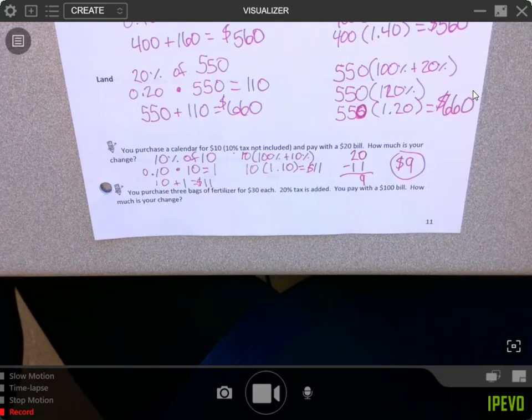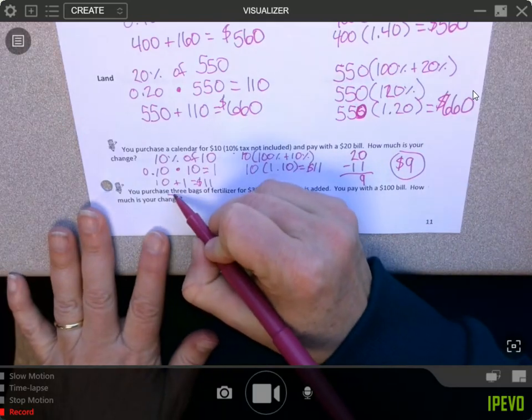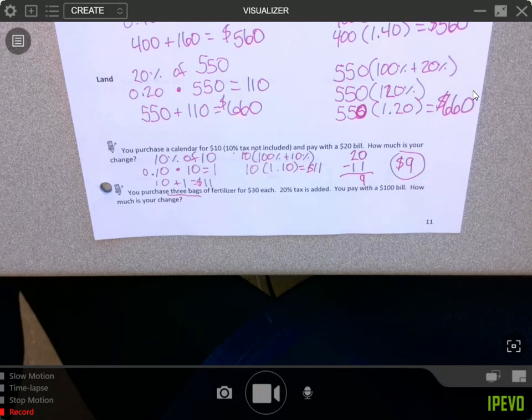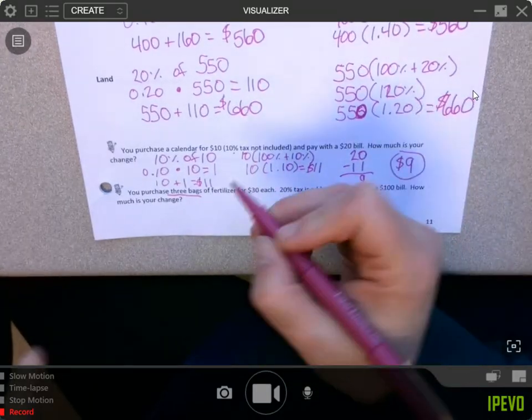Why do we have to multiply 30 by 3, Adeline? Awesome job. We bought 3 bags, so we had to figure out how much money that would be all together. So we could do 3 times that $30.